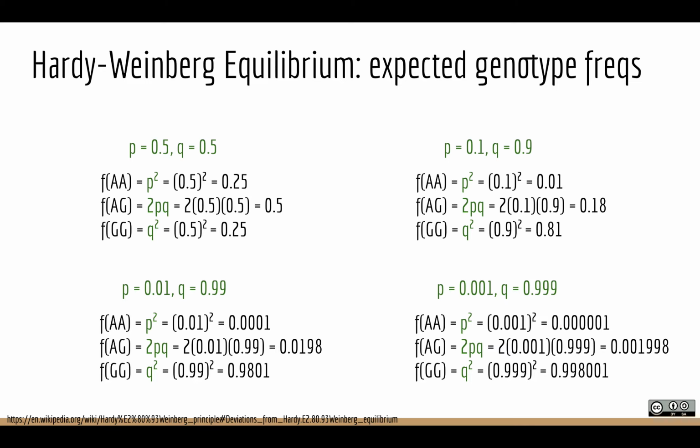And this poses a problem. This is a 1 in a million frequency. So we'd have to sequence at least 1 million individuals to even ask whether the observed number of genotypes is less than what's expected. And we can't do that. So for very rare alleles, we really can't leverage the Hardy-Weinberg equilibrium until we sequence everyone on Earth, which probably won't happen.